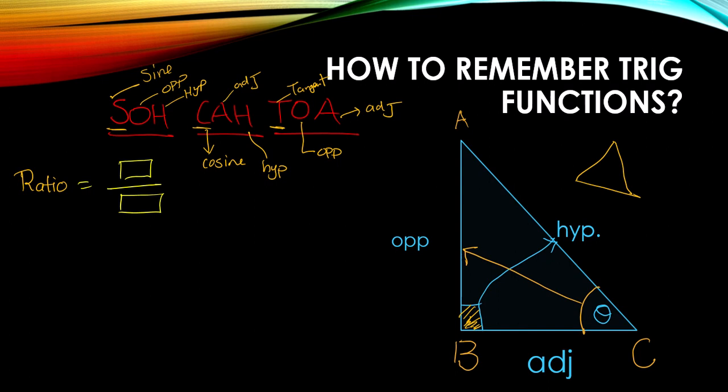That's how you write a ratio. Okay. So now how do you write a sine ratio? That's SOH. S for sine, O for opposite, H for hypotenuse. This is how you write the first one. Oops, sorry. I'll just rewrite it under here.